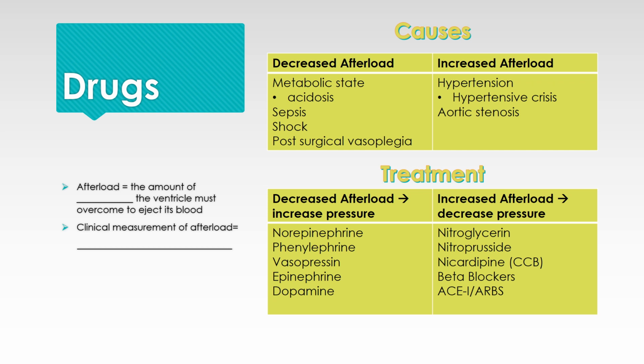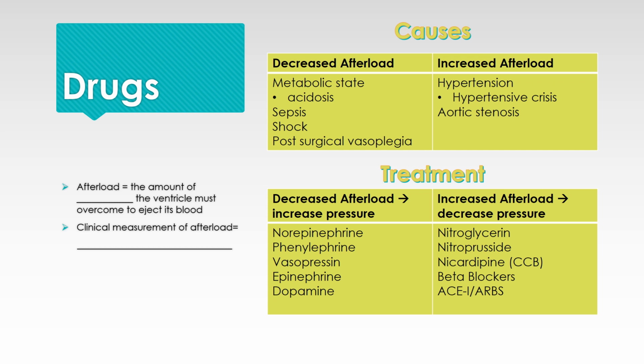What can cause a decreased afterload? So this would be an SVR less than 800. The biggest problem can be found as a metabolic state, acidosis. Acidosis causes the vessels to dilate. We often see this in septic shock or sepsis and septic shock, different other types of shock.